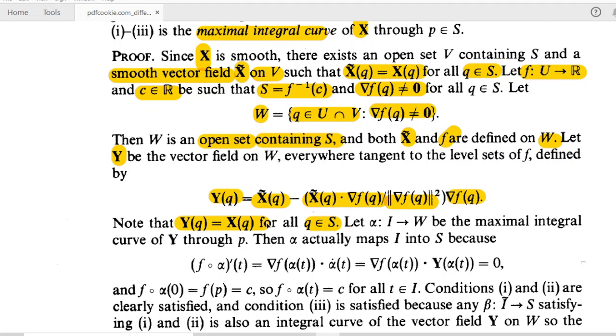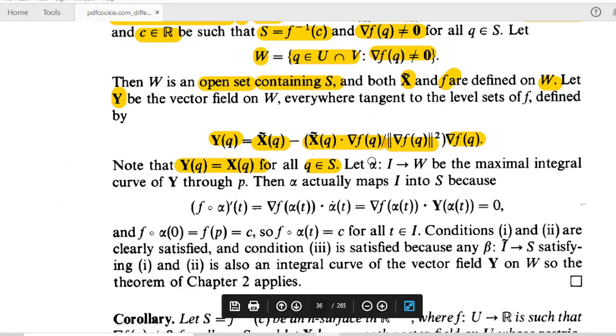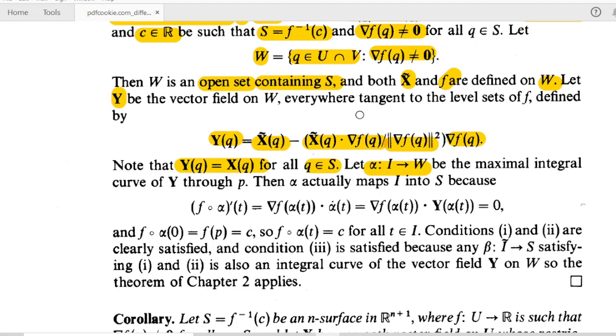So Y bar of Q equals X of Q. Let alpha from I to W be the maximal integral curve of Y through P. So we are going to assume alpha as a maximal integral curve of the vector field Y through P.